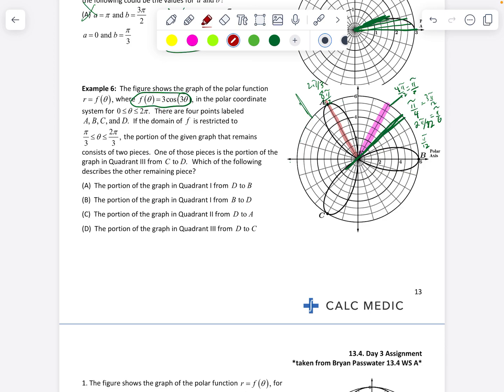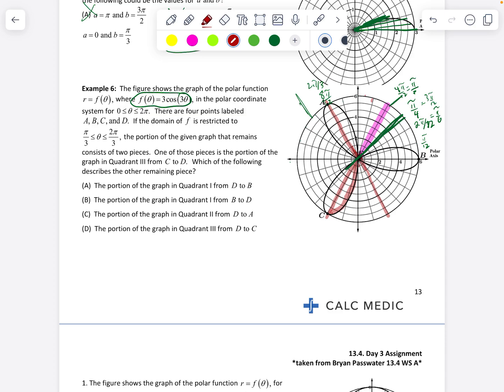So I'm thinking if I go forwards and backwards, in between pi over 3 and 2 pi over 3. If I face pi over 3 and walk backwards, and if I face 2 pi over 3 and walk backwards. So it's this part right here, right?